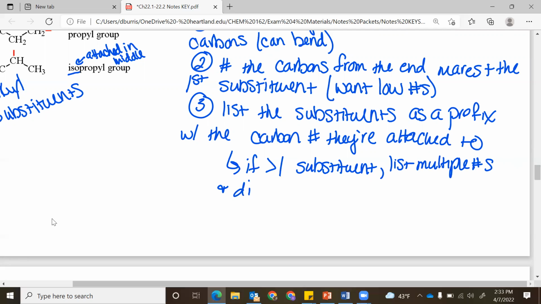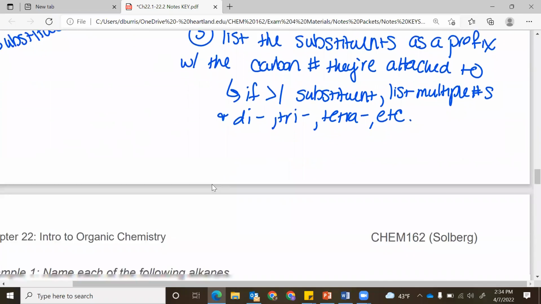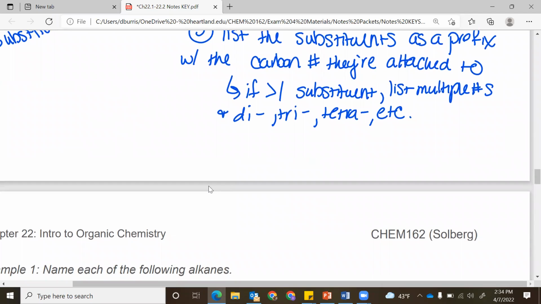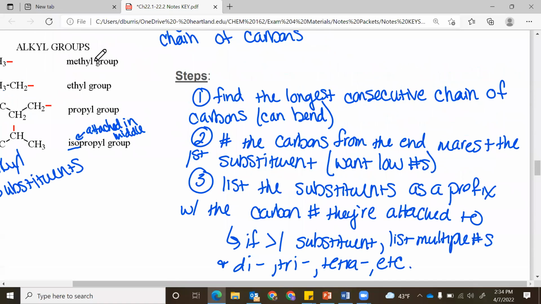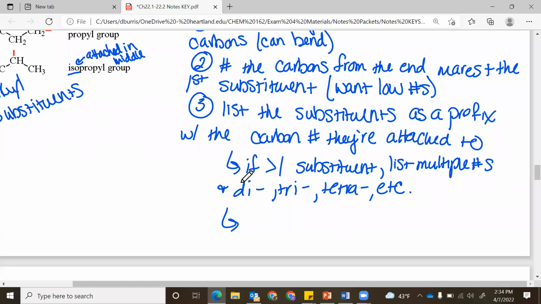And then you'll use di if there's 2, tri if there's 3, tetra if there's 4, so on and so forth. And so if there's 2 methyls on different carbons, I would say 2,3-dimethyl would mean 2 methyls. The other thing is if there's more than one kind, you list them in alphabetical order. So if I have a methyl and an ethyl, I would list the ethyl first and then the methyl. Okay, so list substituents in alphabetical order.